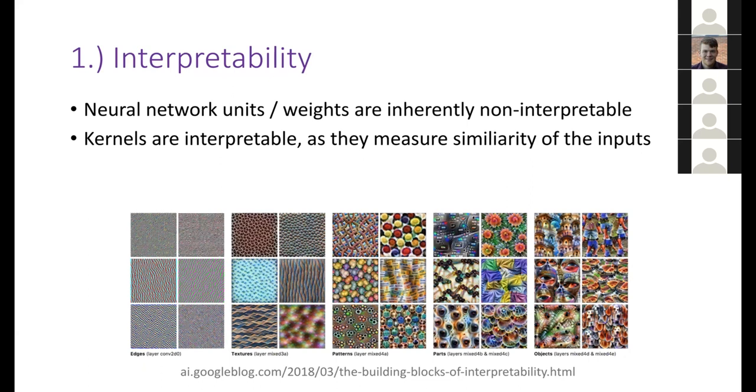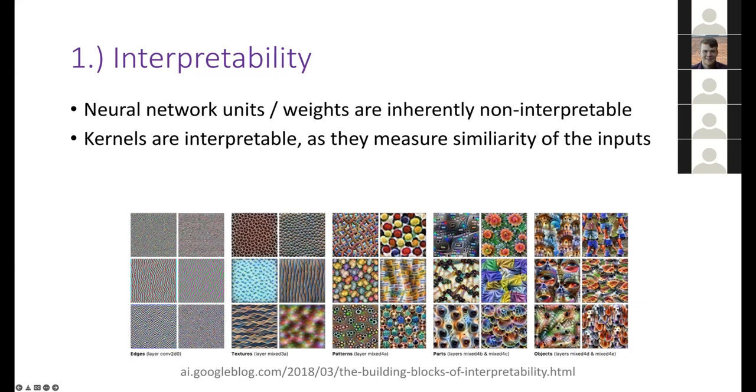That's because ultimately, they measure the similarity of the inputs as judged by the network at that layer. And as such, in fact, kernels tend to be used when we're talking about the theory of neural networks.